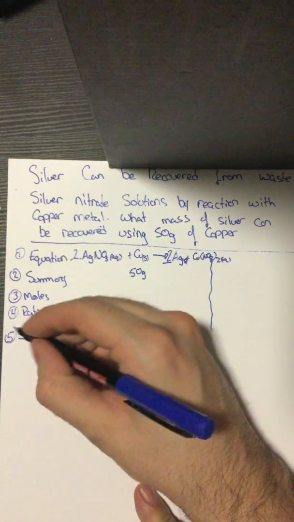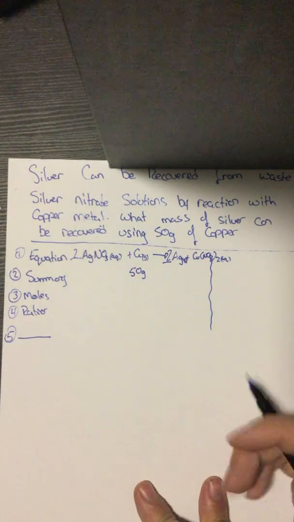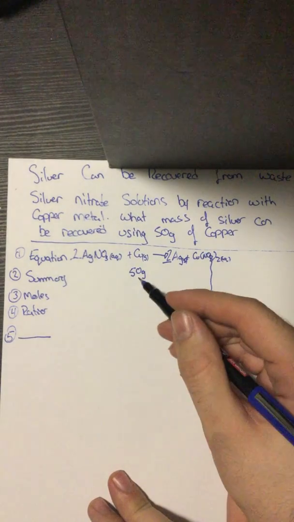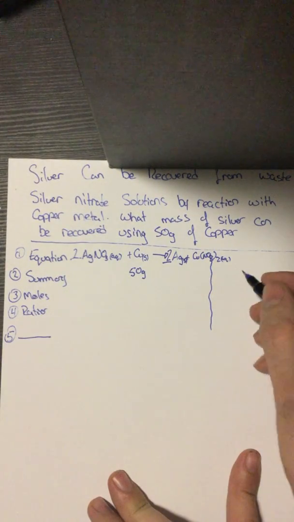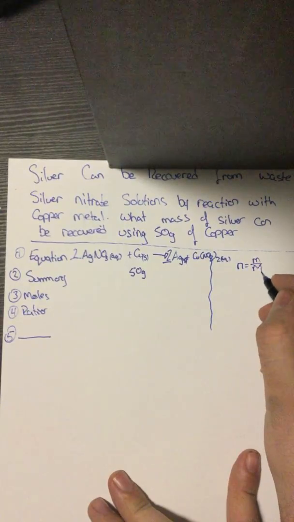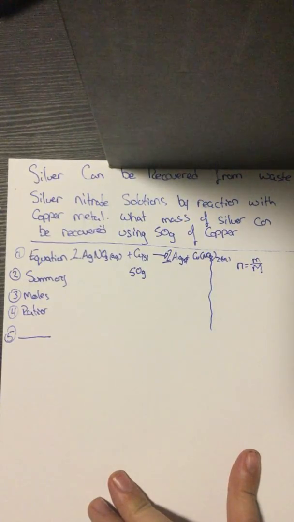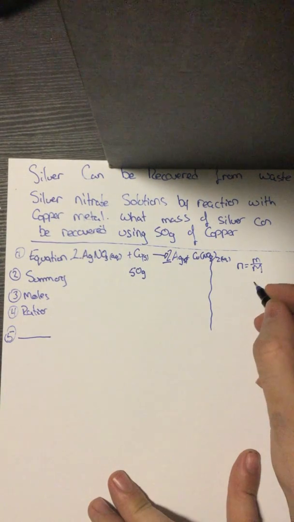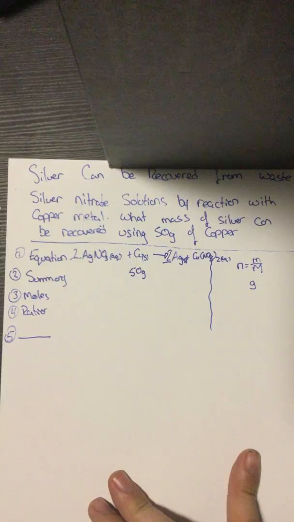So moving on to our third step, we're going to need to figure out how many moles this is equal to. Now, if you are a formula person, you may want to use mass over molar mass. And if you're a unit analysis person, you're going to want to get moles out of this, and you're currently given grams. So you multiply this by a mole per gram.